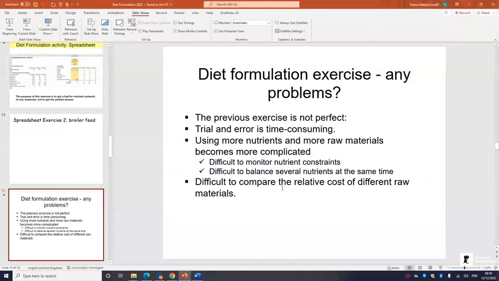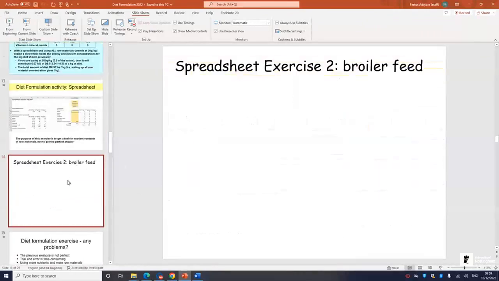So the question is, what are likely challenges with the spreadsheet exercise? The first thing you would agree with me is that it's going to be time consuming. It's going to take time before you can sit down and begin to fine tune it. You want to arrive at your 186 gram of protein.